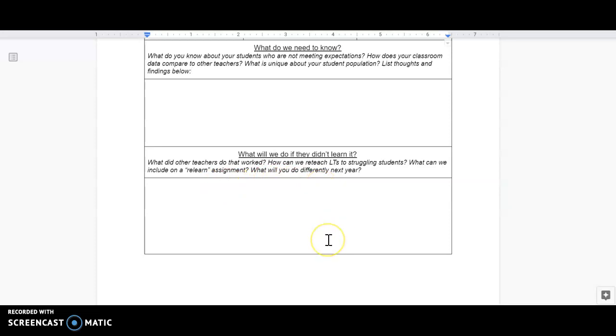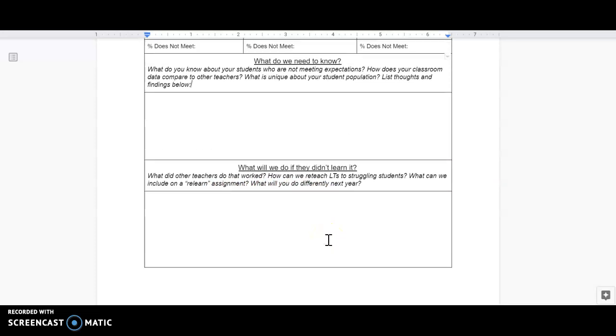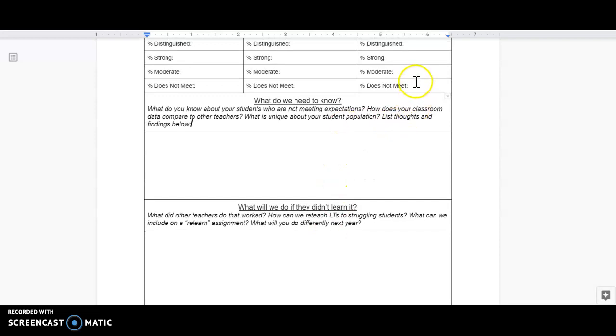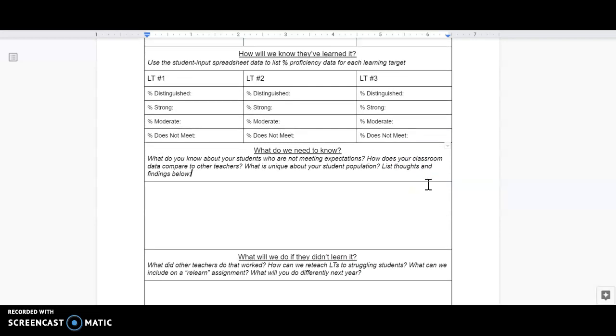My thoughts with all of this is using data, classroom data, to drive instruction, specifically classroom instruction, and not just for next year, but for this year. What can we do to make sure those kids don't fall through the cracks on specific learning targets? I think this sort of thing could be tailored pretty easily to different things.